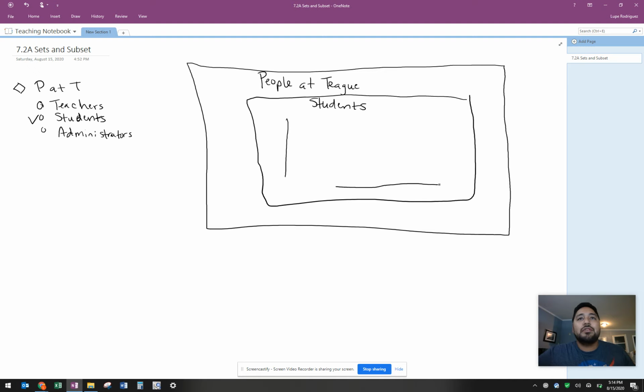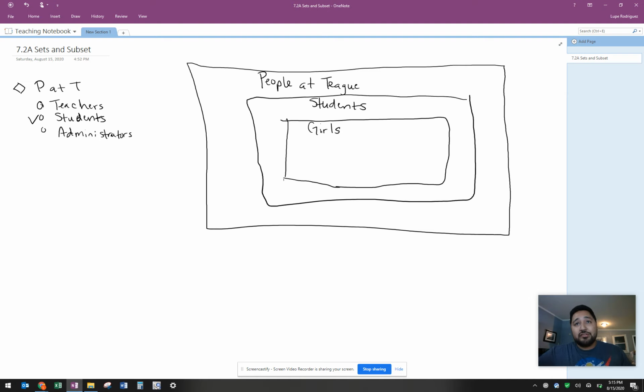For example, of course, we can go with the most basic one, which is male and female, and let's choose girls. You see how girls don't take up the whole box of students, because not all students are girls. All girls are, however, students.